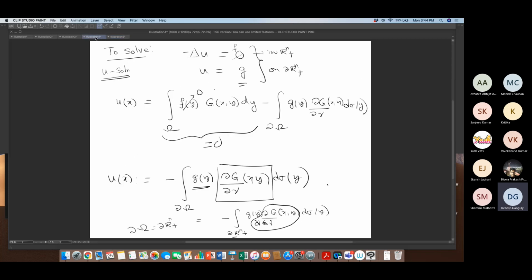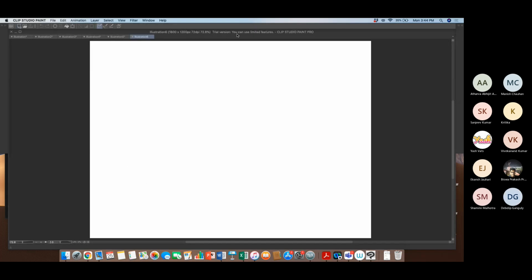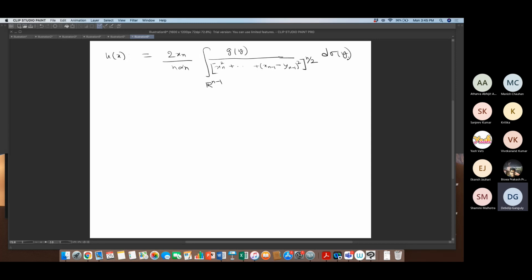That means I can write this u of x in the following way, using the solution to the equation: n alpha n, over del Rn, 1 by xn square, g of y d sigma y.